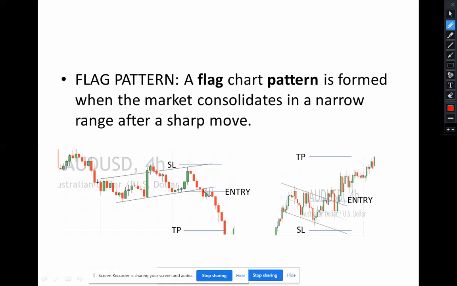So this is the breakout. You enter the trade here, then your stop loss here. Your take profit will be the next level, or make it a 1 to 1 risk reward ratio, or 1.2 or 1.3 risk reward ratio.